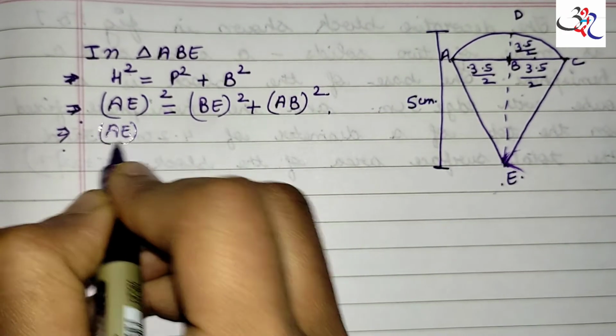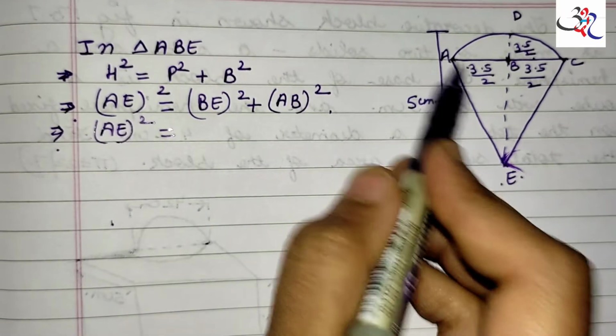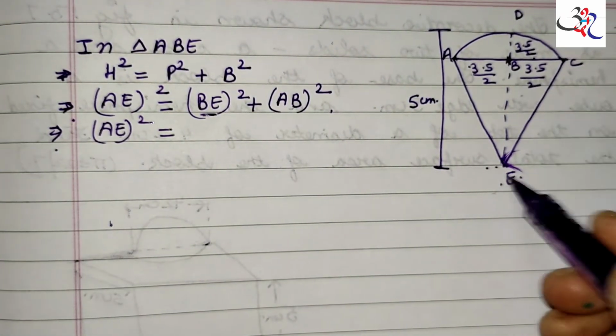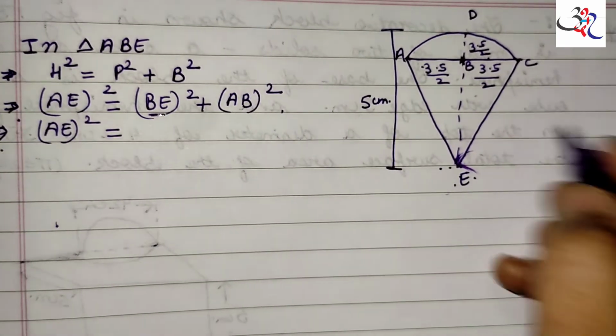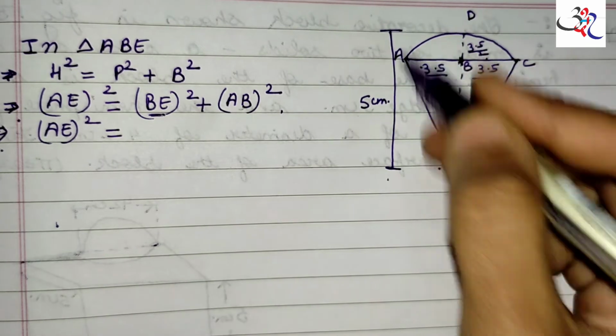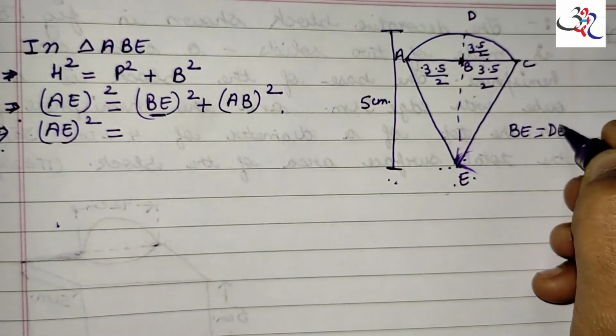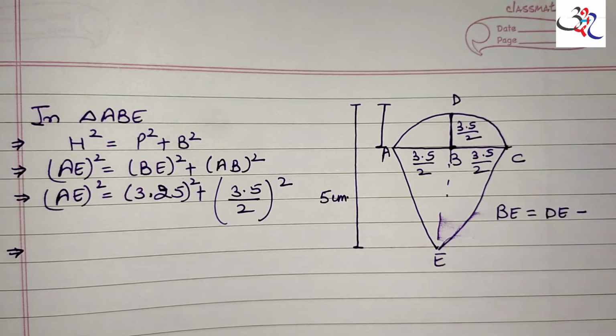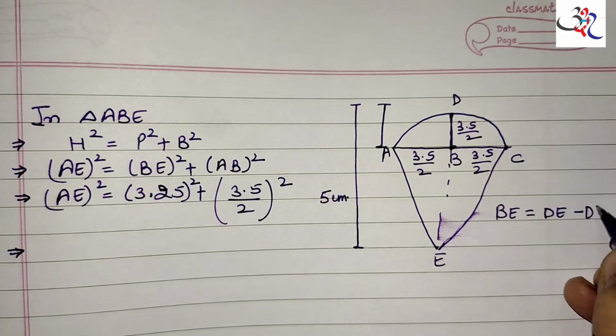AE square, we have to find out the slant height. AE is my slant height. BE is what? You can see that BE is equal to this total height DE minus this height, and this height is my DB.